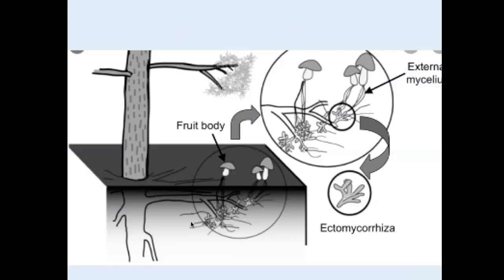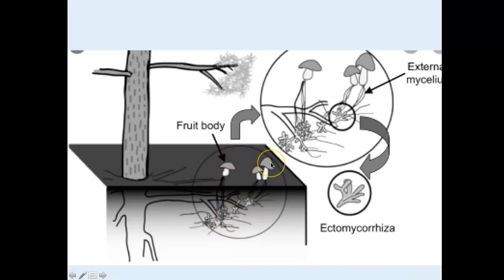And then this is just that example of underground, you're going to have a network of mycelium. And this picture is great because it also shows you how the fungal mycelium are associating with the roots. Remember, this is called a mycorrhizae, and helping the plant here absorb nutrients. But then that one mycelium mat underground can actually pop up a mushroom here, and then a little bit further away can pop up a couple mushrooms here.